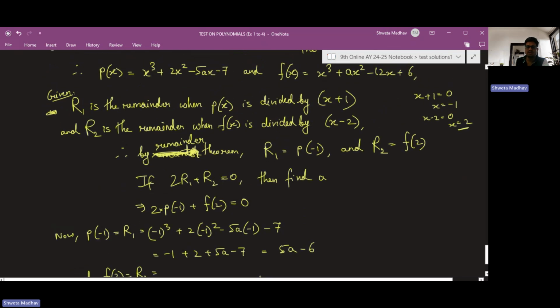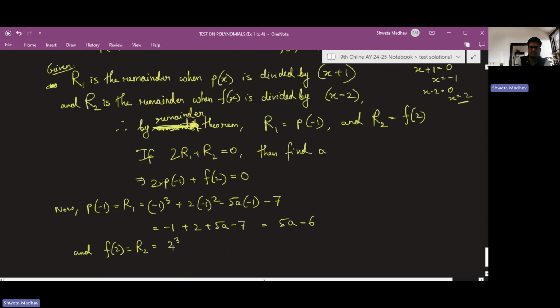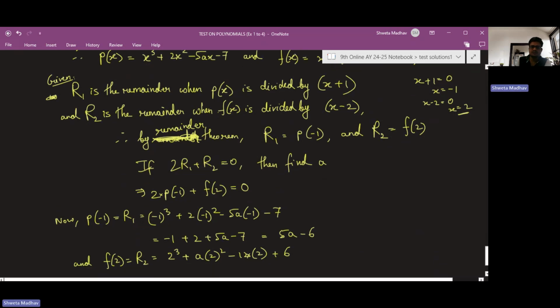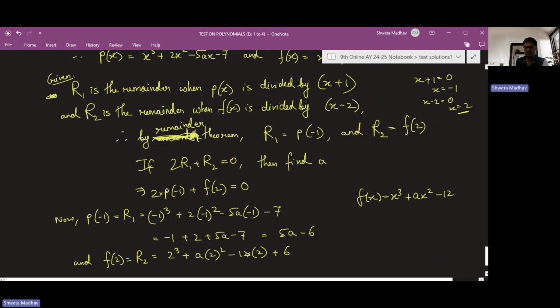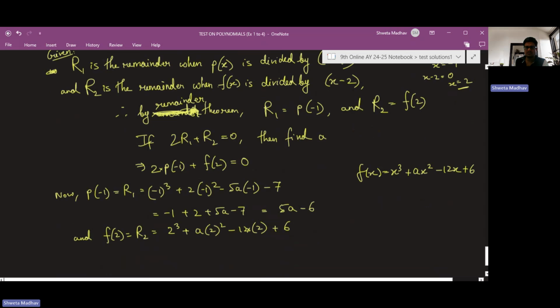And similarly, f of 2, that will be R2, is equal to, in place of x in f of x, we have to put 2. Since f of x is x power 3 plus ax square minus 12x plus 6, f of 2 will be 2 power 3 plus a into 2 power 2 minus 12 into 2 plus 6.